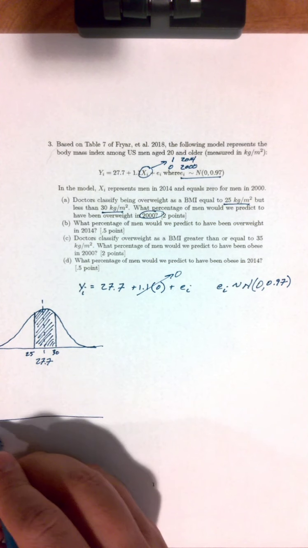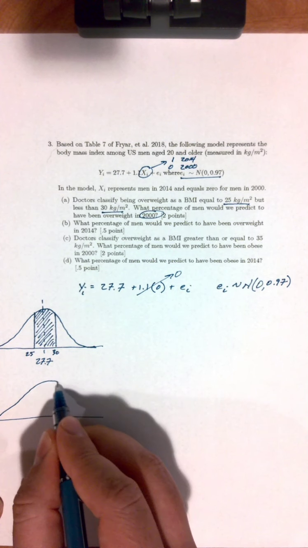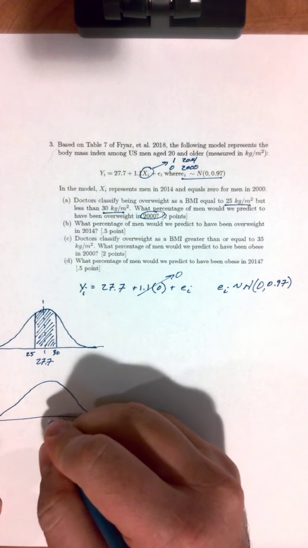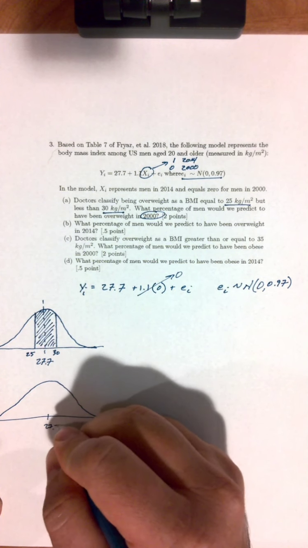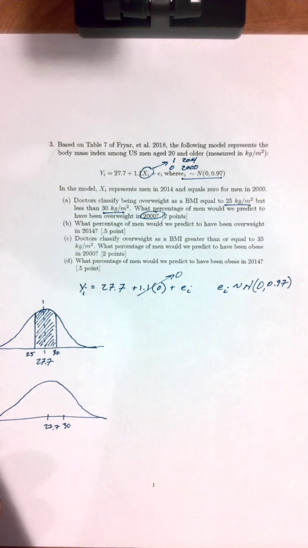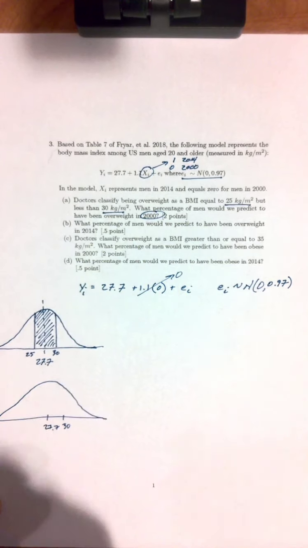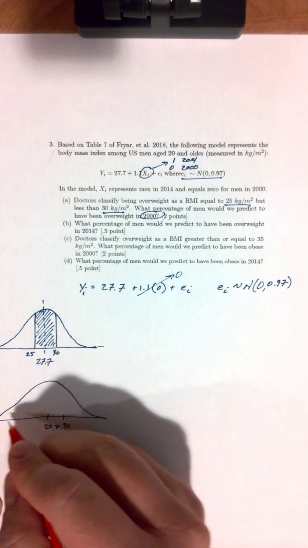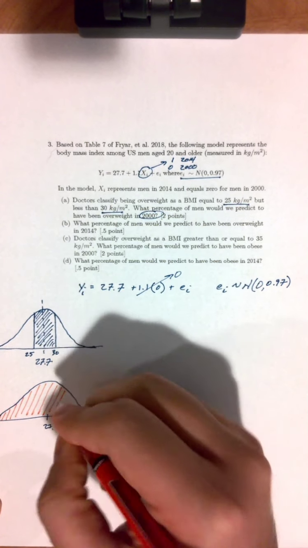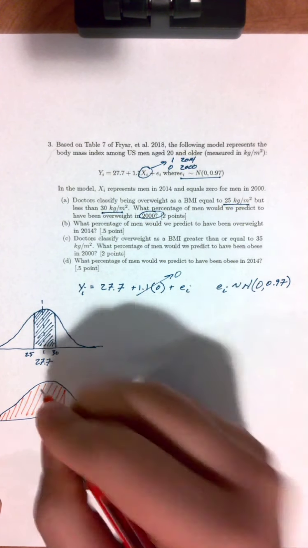The first probability is to find, so let's draw in our 27.7 here, and we'll draw in our 30 here. The first probability that we're going to need to find is the probability that a man is less than 30 kilograms per meter squared.